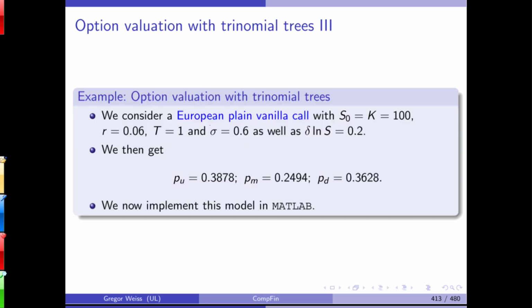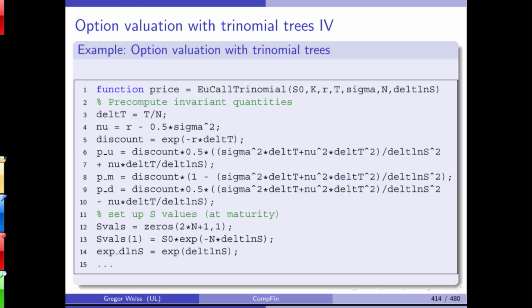So again, we have a European plain vanilla call. S0 strike is 100, 6% risk-free rate, 1 year maturity, 60% volatility, and we set delta lnS equal to 20%, and then we get PU, PM, and PD, and we implement this model in MATLAB.